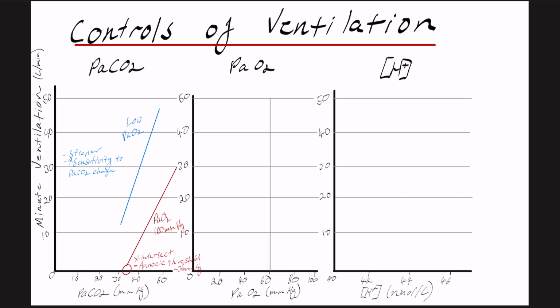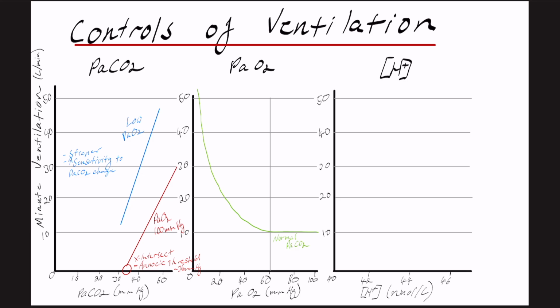Then for our PaO2, in green I have the line representing if you have a normal PaCO2 of about 40 millimeters of mercury. The important point to make here is that when you're sitting at about 40 millimeters of mercury PaCO2, and assuming that your PaO2 is between 100 down to 60, your liters per minute of ventilation remains the same at around 10.